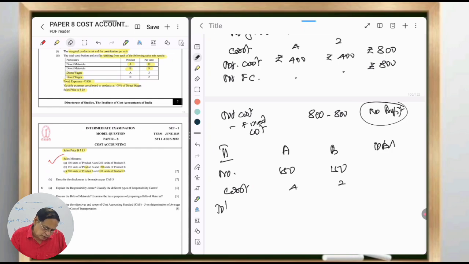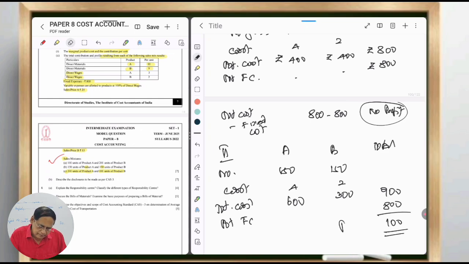So the total contribution is 600 and 300, that is 900 rupees. As usual, the total fixed cost is 800 rupees. So total contribution minus total fixed cost is 100 rupees. That is the profit in the second case.